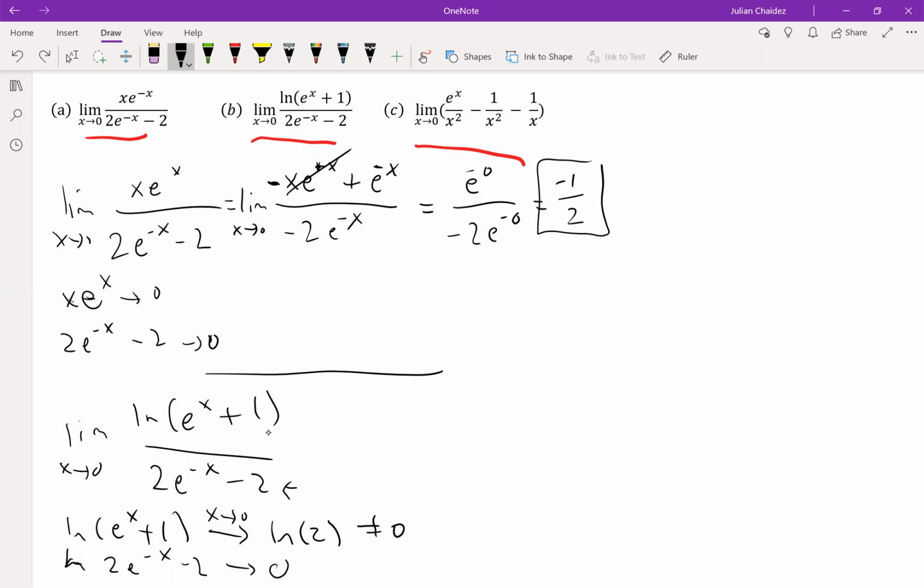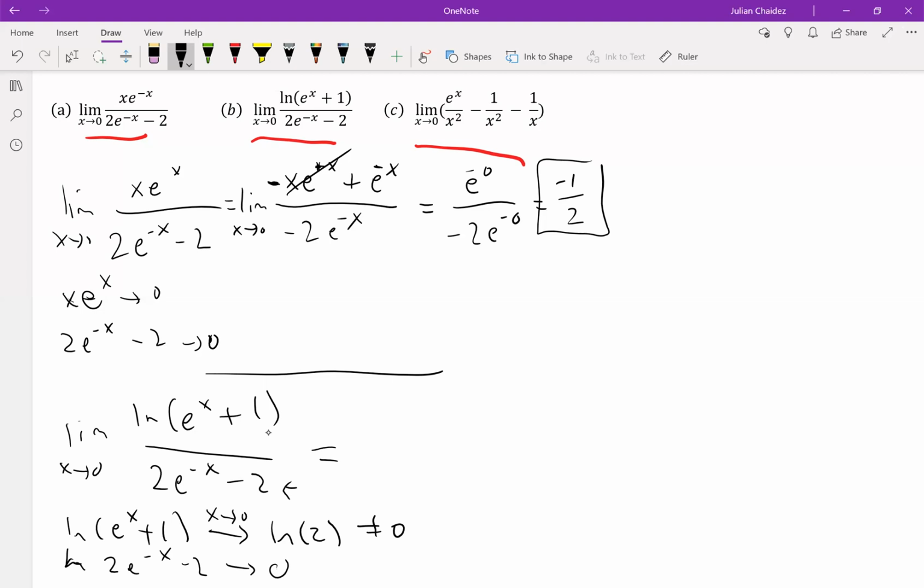If one of them goes to a finite number like ln of 2, then L'Hopital doesn't apply. So I cannot apply L'Hopital here, and instead I think about what the limit should actually be. If the bottom goes to 0 but the top goes to some finite thing, then the whole thing diverges, because 1 over the bottom goes to infinity, so the limit will go to some infinity.